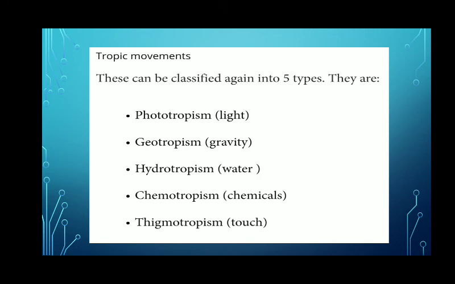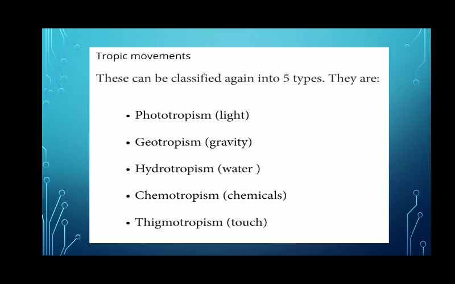Now let us first discuss tropic movements. These tropic movements are also known as tropism. It is a growth movement of a plant part in response to an external stimulus, in which the direction of the stimulus determines the direction of response.